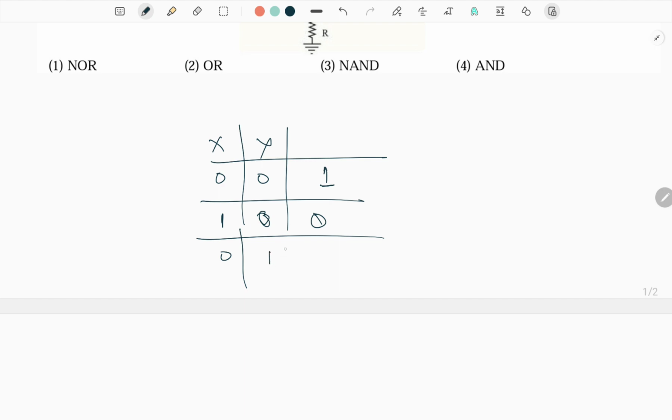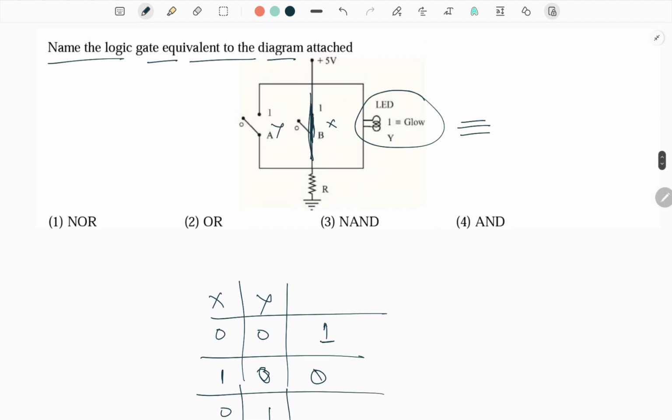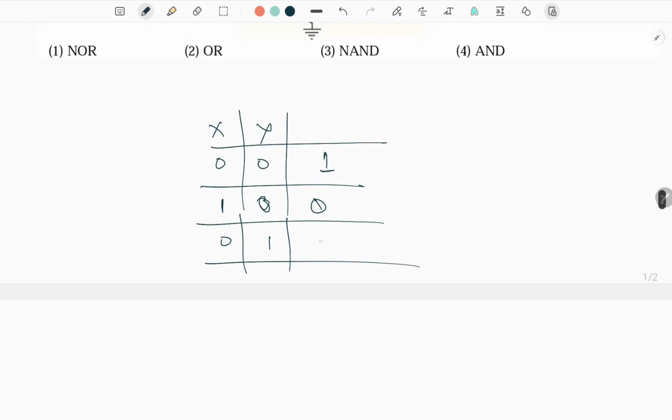Similarly, if we close the Y path, then current will pass through this section and this bulb will not glow. Again 0.